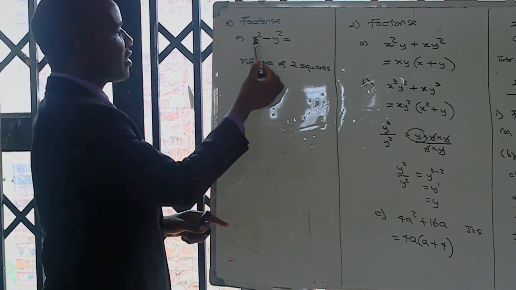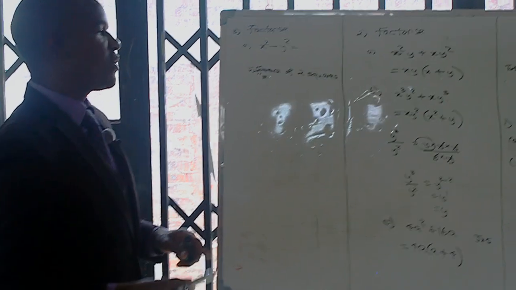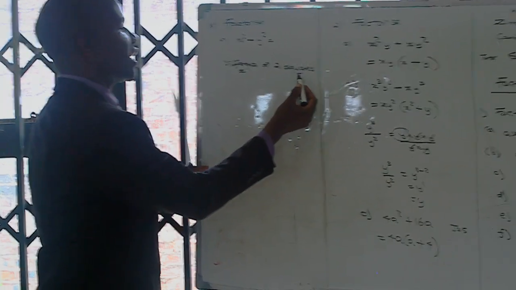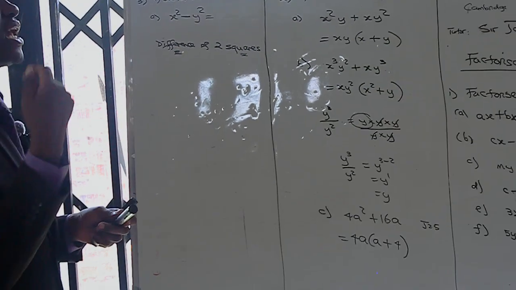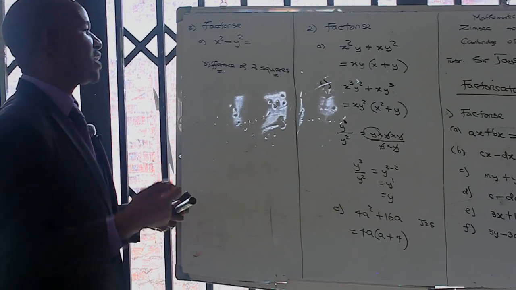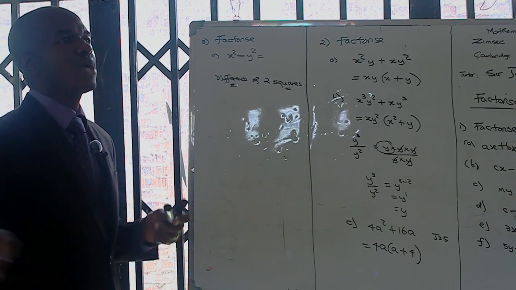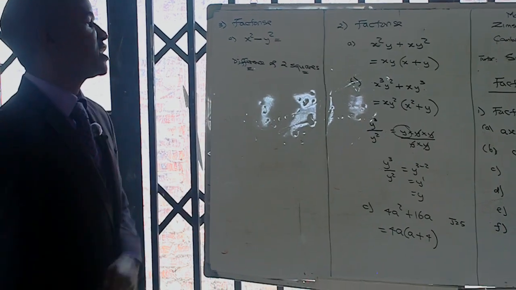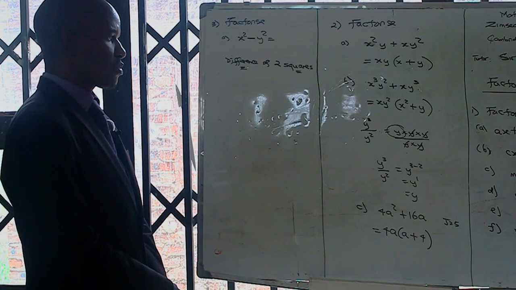In our case, we have x squared and y squared. And what are those numbers? They are squared. They are numbers obtained after squaring a certain number. In other words, these are numbers which have a whole number square root. So squares have a whole number square root.